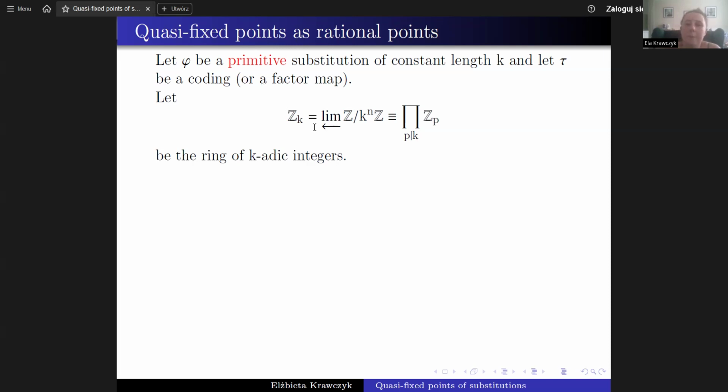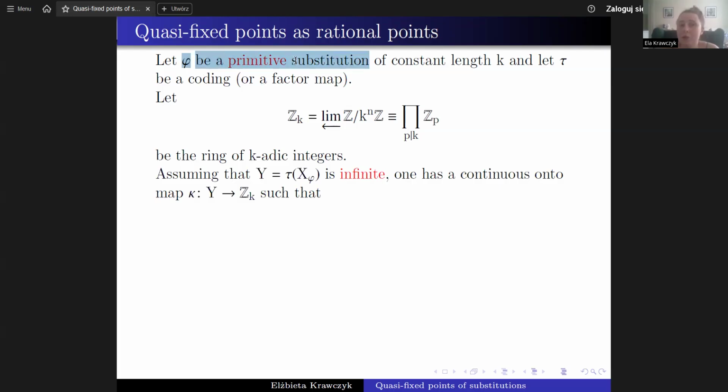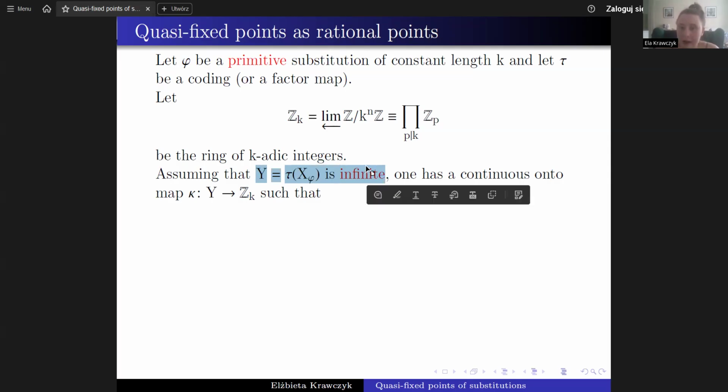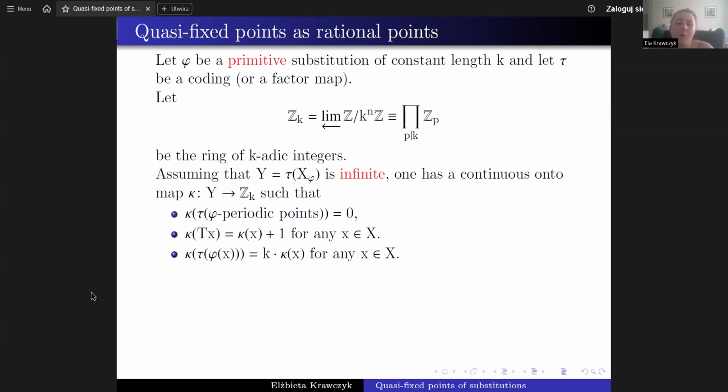Assuming my substitution is primitive of constant length, and that the system I am given is infinite, one has a continuous surjective map kappa from Y to this ring Z_k, such that, first of all, let's assume for now that we have no coding.